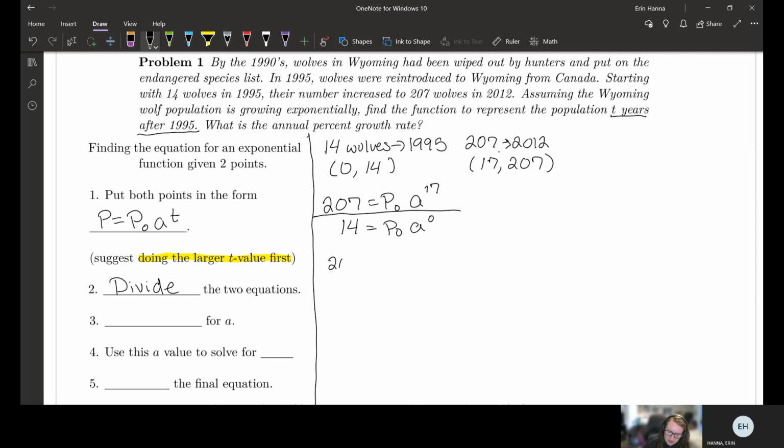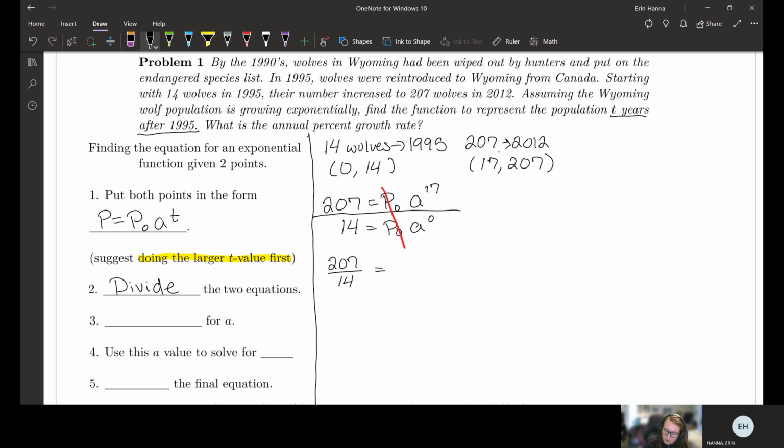So we essentially have 207 divided by 14. I'm just going to keep it as a decimal. The reason we do it like this is because these P naughts cancel out. Since we had 2 unknowns, we didn't know P naught and we didn't know a, being able to divide them like this gets rid of one of the unknowns. And then we have a to the 17th divided by a to the 0.